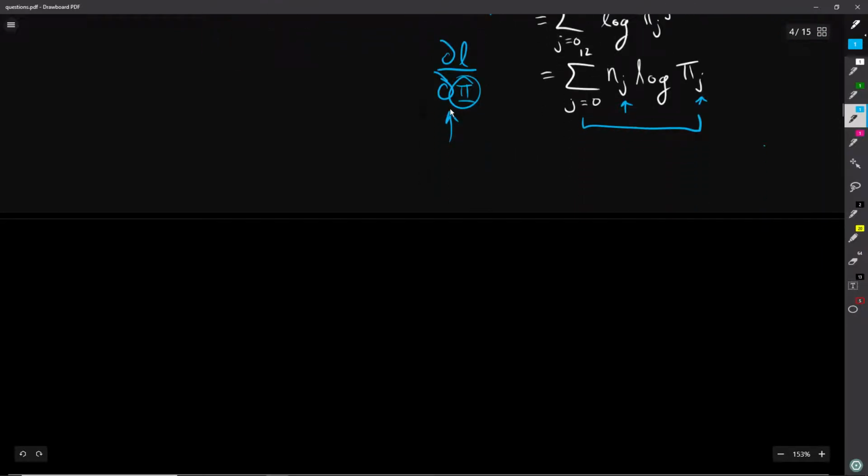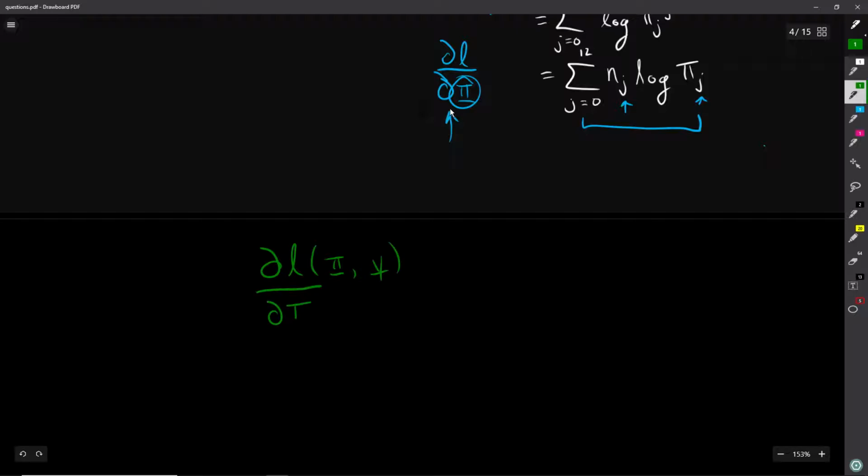So what we want to do then is just consider the partial derivative of our log likelihood, which I'll write like this, with respect to, say, the kth pi. Right, and so we'll take it with respect to pi k, and so that's holding all other entities constant.